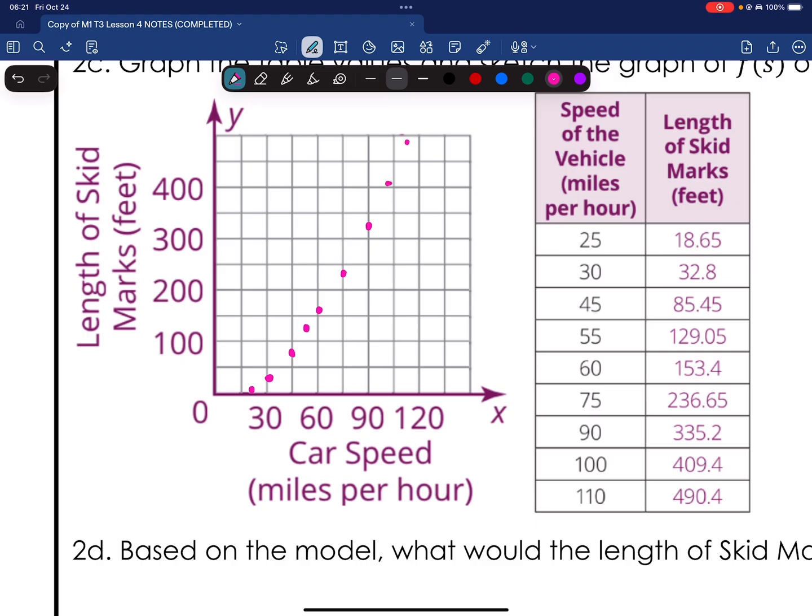So it looks something maybe like that. Then you can sketch a graph. Notice that it's only graphed in the first quadrant because it is a real world situation. You cannot have negative speed. You cannot have negative length of anything.